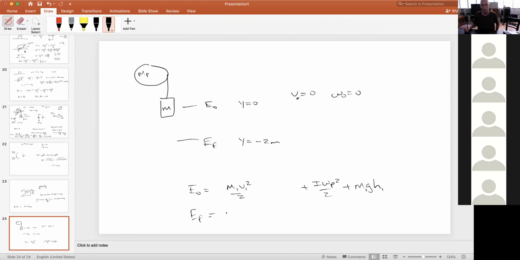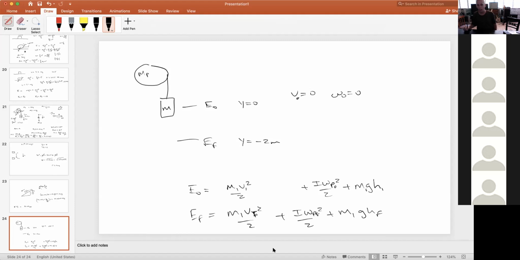E final will be M1 V final squared, or V2 squared if you prefer, plus I omega final squared over 2 of the pulley, plus M1 G H final, or H2. I'm not being consistent with my indexes, I'm sorry.